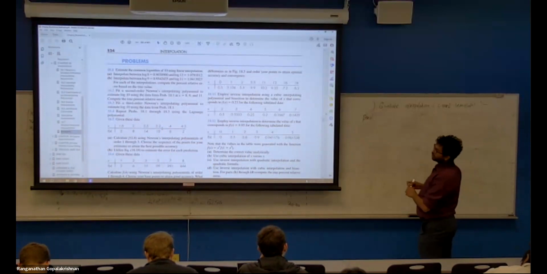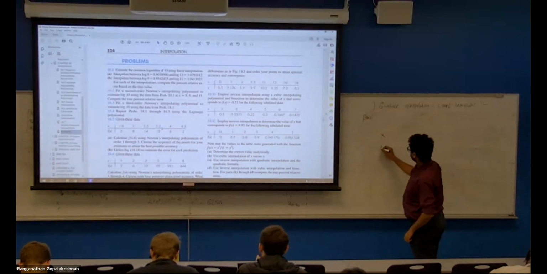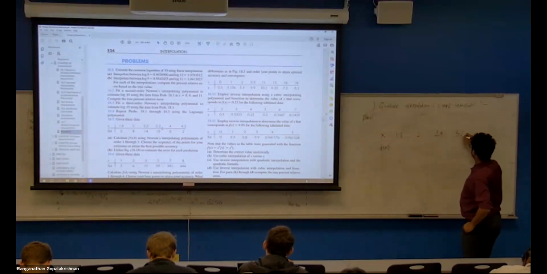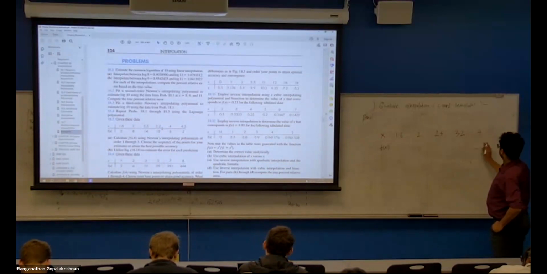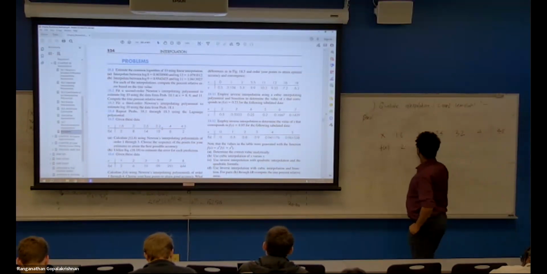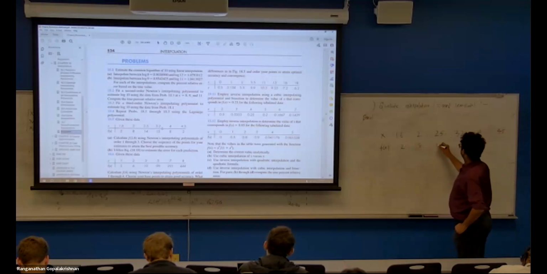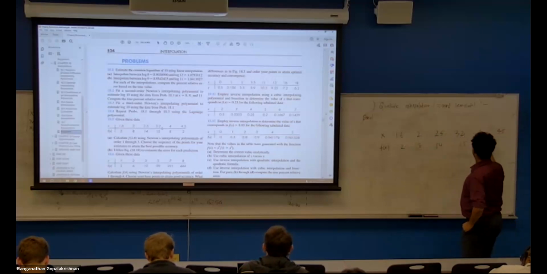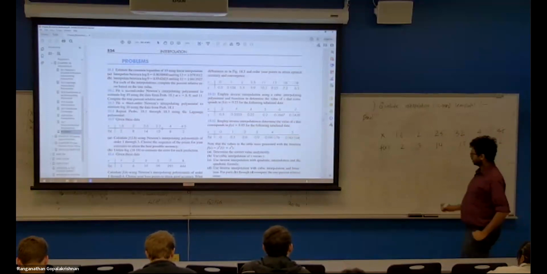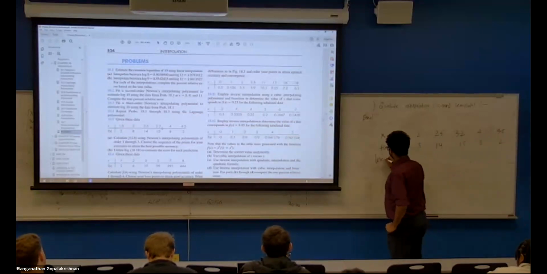So I'm going to write my table: x, f of x, 1.6, 2, 2.5, 3.2, 4, 4.5, and 2, 8, 14, 15, 8, 2. So I'm going to do linear interpolation.